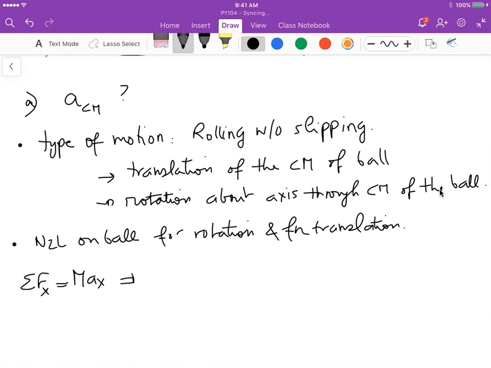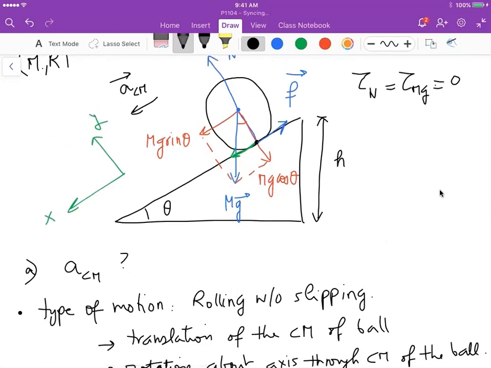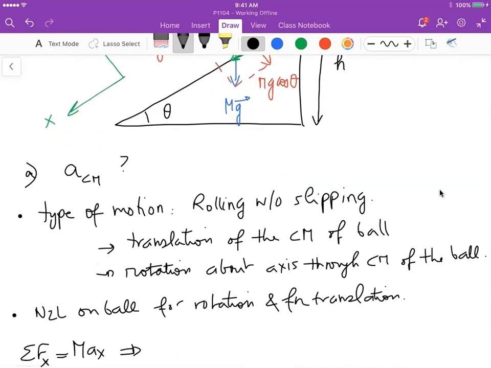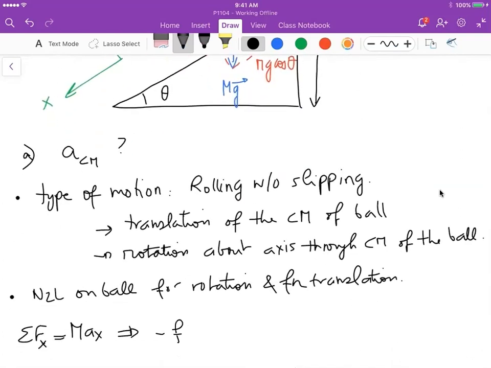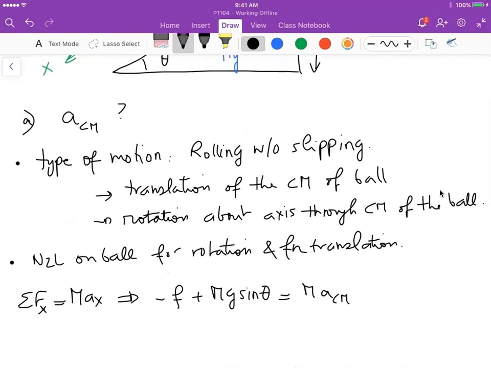So شو بيطلع معنا؟ طيب have a look at the figure. ال F هي بعكس اتجاه ال x، فإذا minus F plus mg sin theta is equal to m a center of mass. So minus F plus m times g sin theta is equal to m a center of mass. And so this is the first equation that we can get from the Newton's second law for translation.